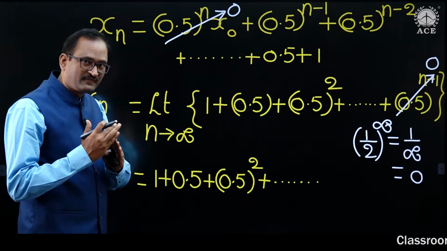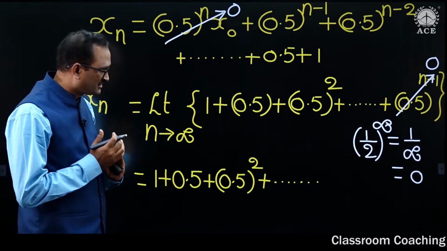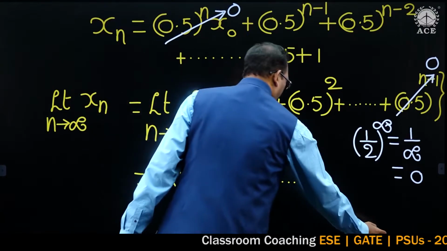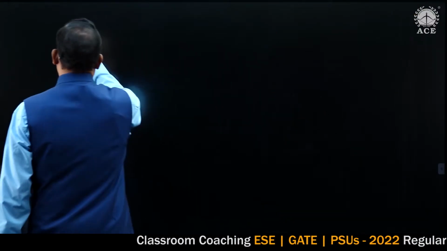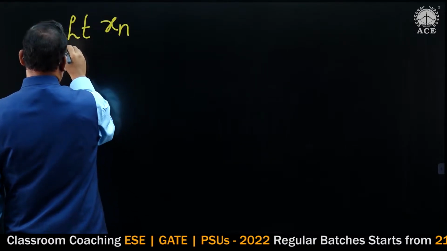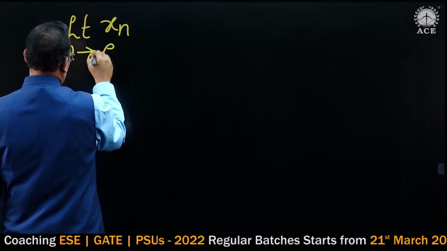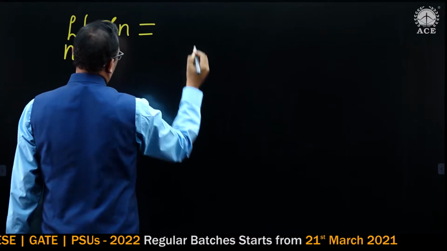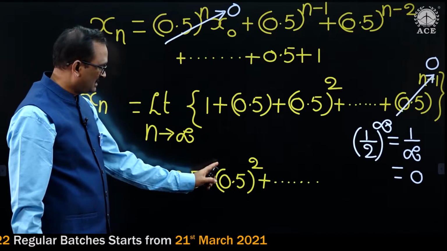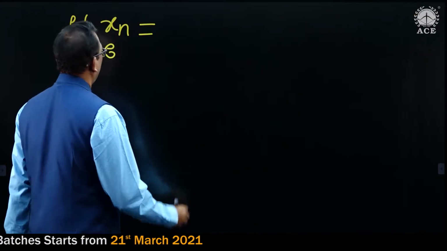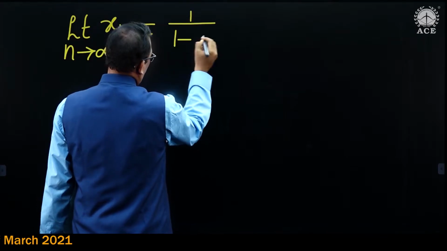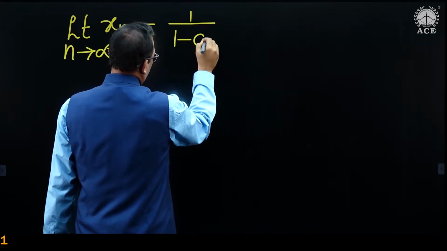Then the sum of an infinite number of terms of the geometric series is 1 by 1 minus r.